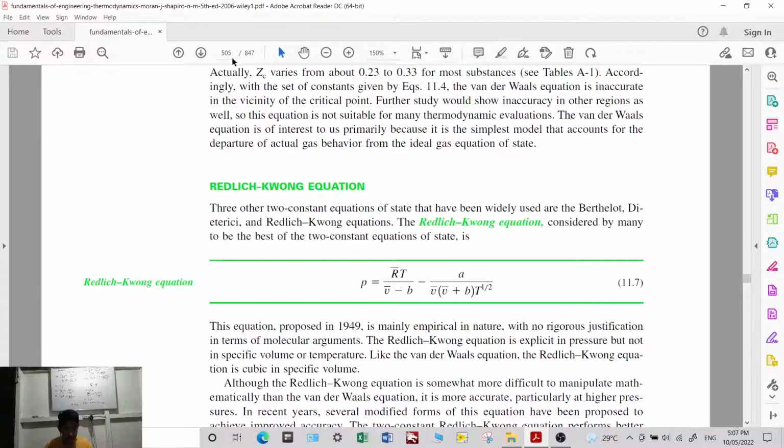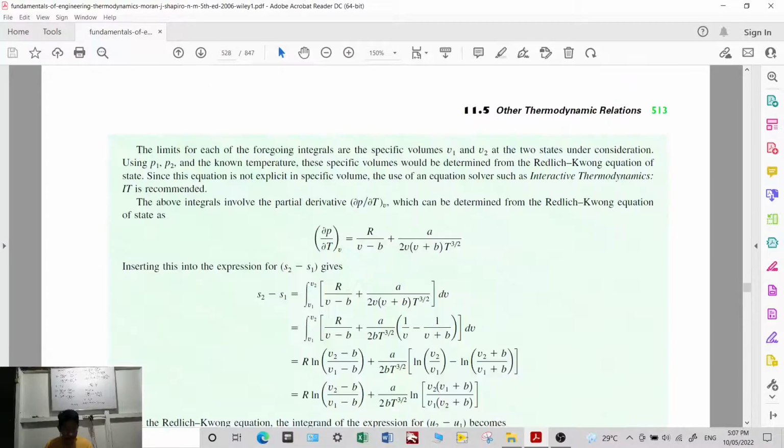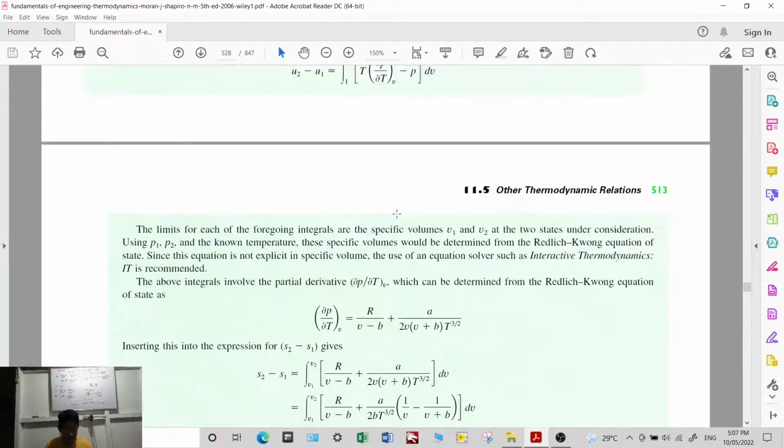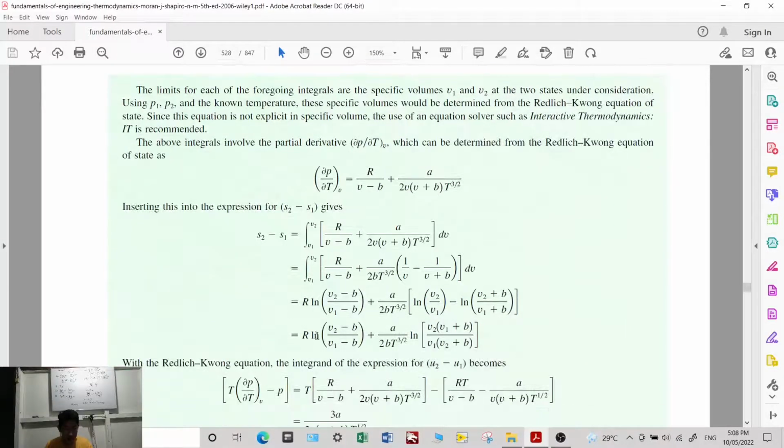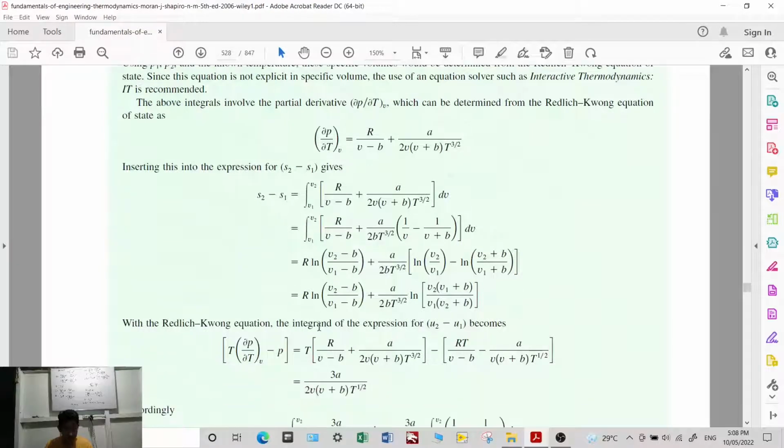So, first, the partial of P with respect to T at constant volume is easily obtained. You get the expression.